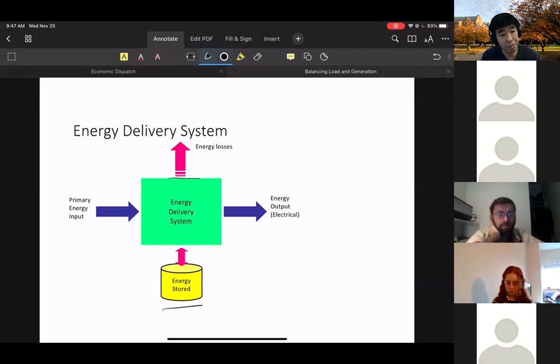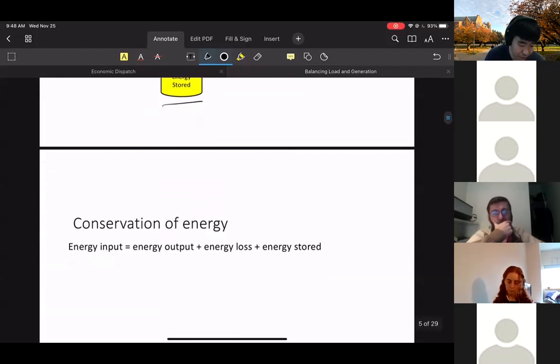Okay, the energy input is equal to the energy output plus the loss plus the energy that's stored in the system. Okay, there's some energy getting sloshed around in the system. So we always have this conservation of energy. So if you look at the conservation of energy, what we always have is the energy input, the total energy into it, equal to the output, how much we withdraw from the system, plus the loss in the system.